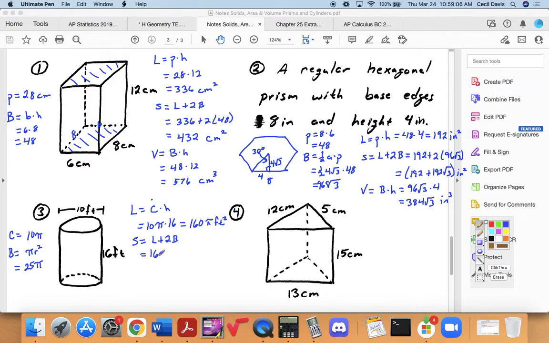So it's going to be 160 pi plus 2 times 25 pi, which is 210 pi square feet. And the volume is the area of the base times the height. So it'll be 25 pi times 16, which is 400 pi cubic feet.